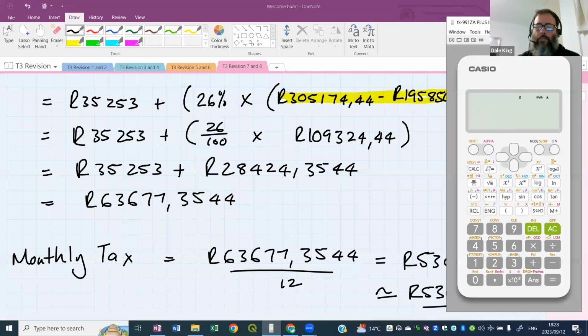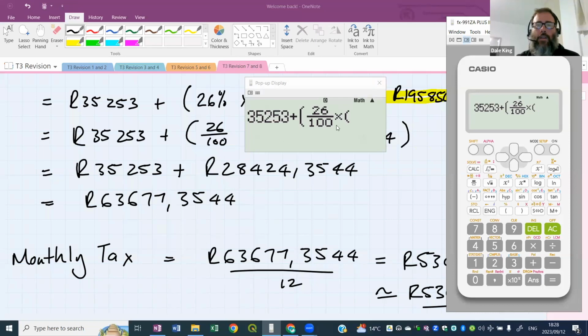When I did that in brackets, it gave me 79,343.34, and I added that to the 35,253, and my final answer was 114,598 and 35 cents. So let me do it on my calculator on the screen there.